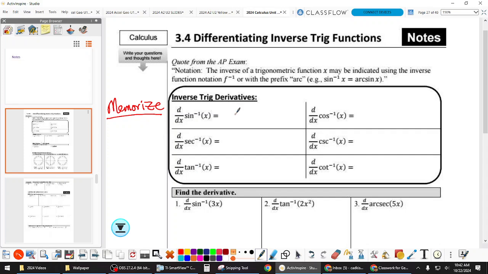Actually, before I start talking about this, what does inverse sine mean? If we weren't taking the derivative, if we just said inverse sine of what has to go in here? What is our input for inverse sine? Y. Okay, it is y, but what values would go in there? Like 1 to -1.